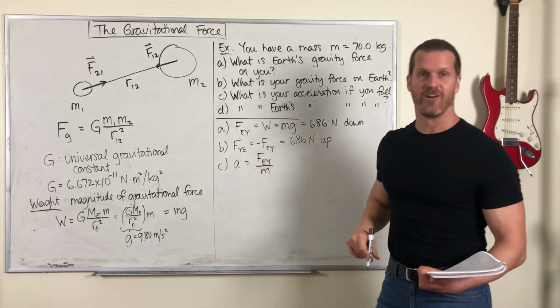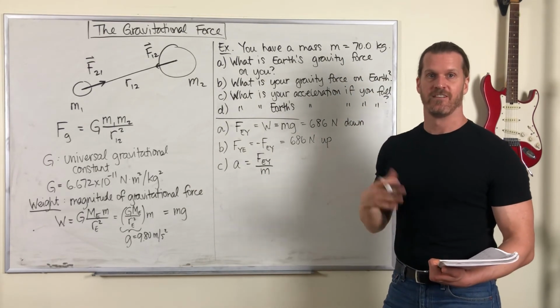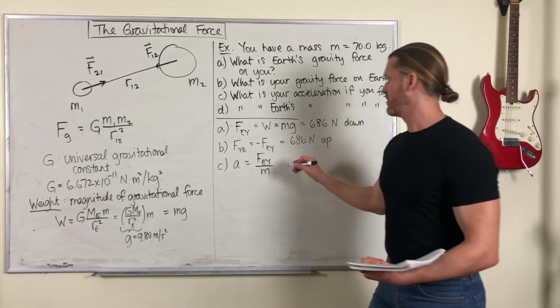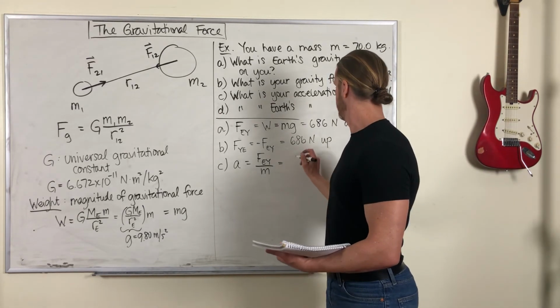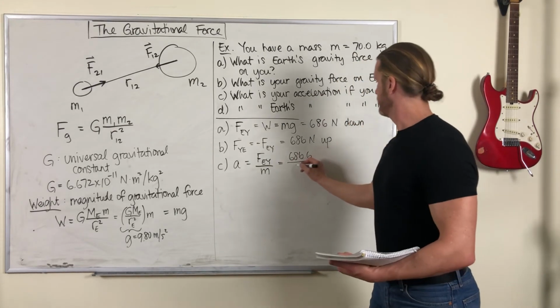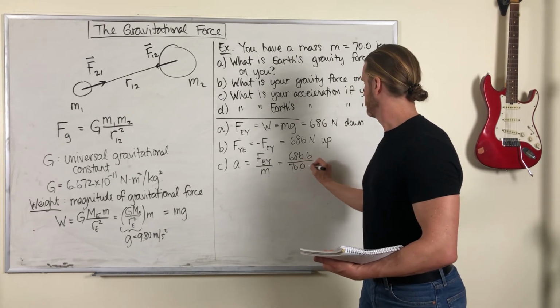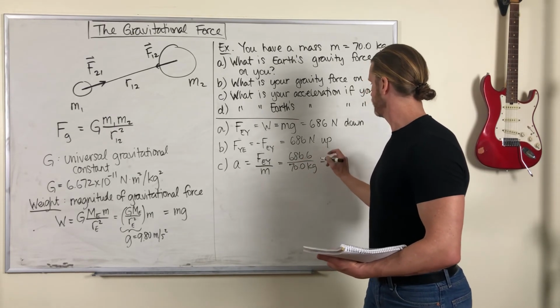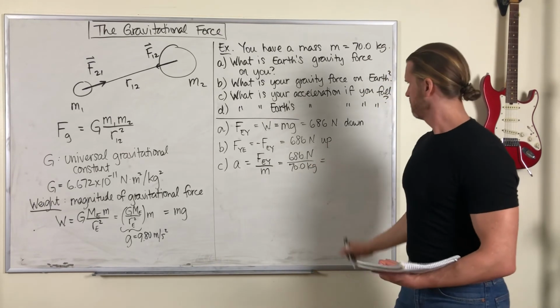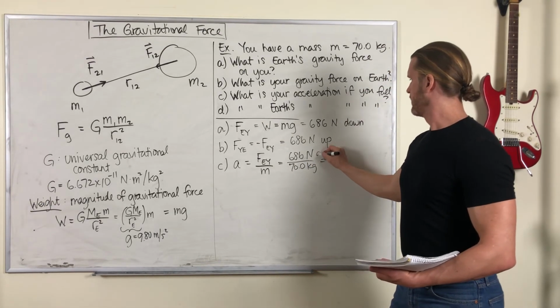Using Newton's second law, your acceleration is the net force on you, which comes from gravity, divided by your mass, or 686 newtons divided by your mass, 70 kilograms, and that's down.